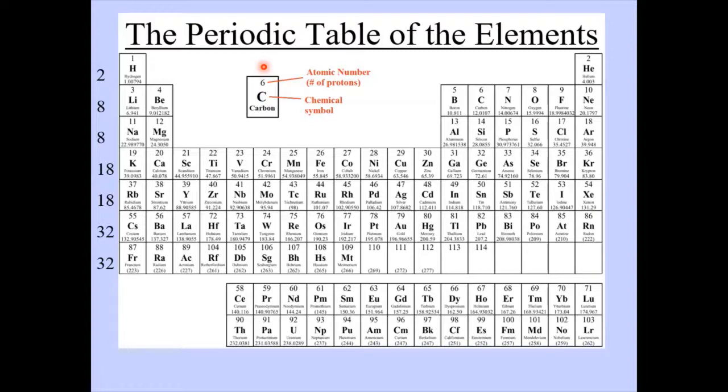That determines the difference between the various elements. They're all made of the same three building blocks: protons, neutrons, and electrons. So how we arrange those three particles determines the difference between something like oxygen, cobalt, iron, or uranium.